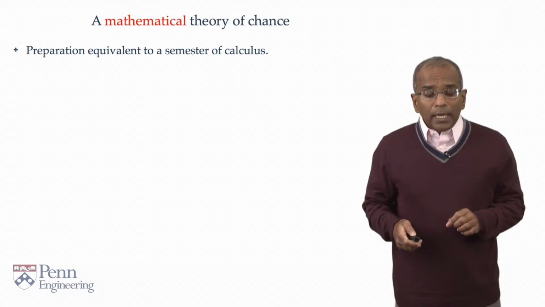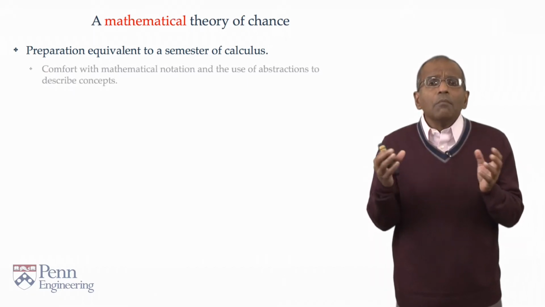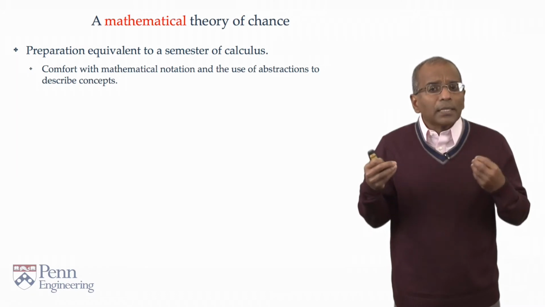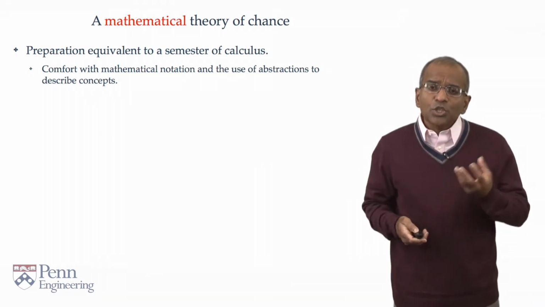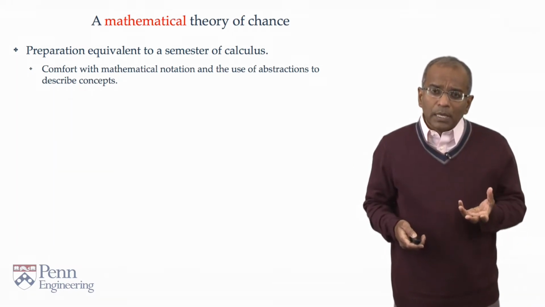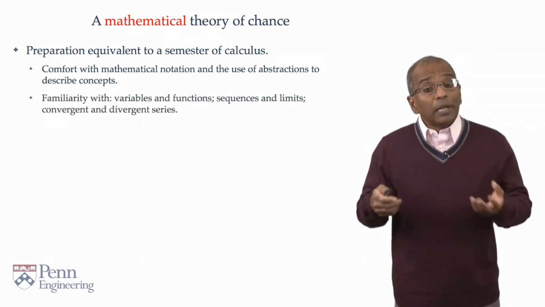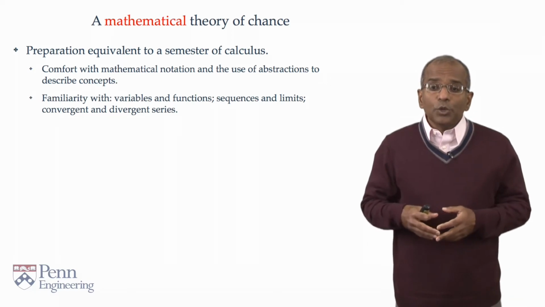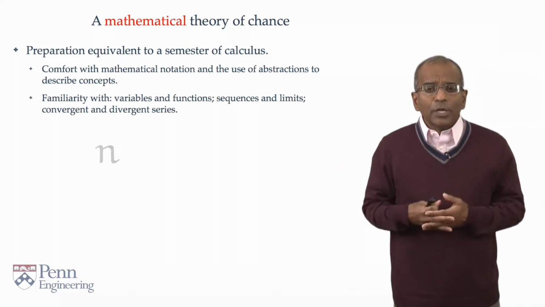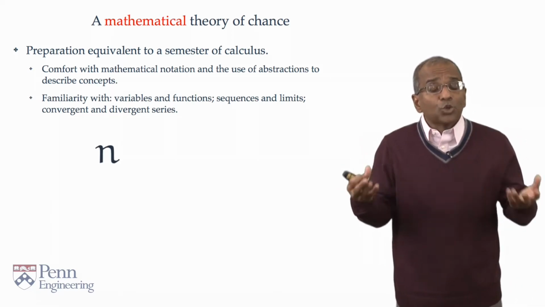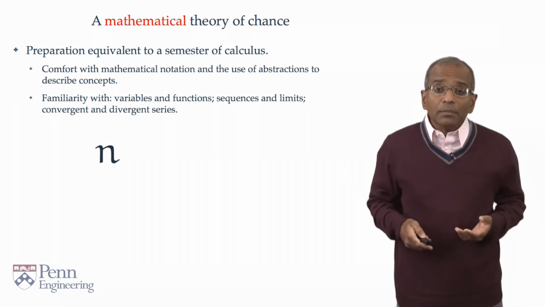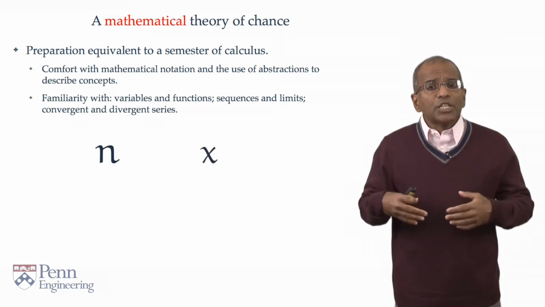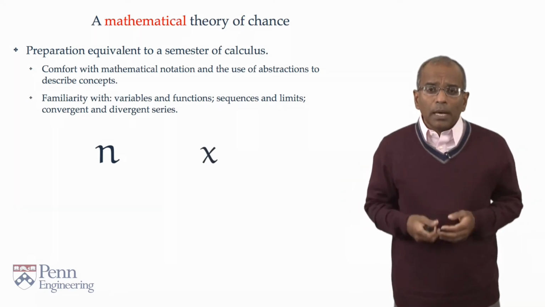More concretely, a student should need comfort with mathematical notation and mathematical abstractions to describe concepts. A student should be familiar with the ideas of variables, for example, using the ubiquitous n to represent a generic natural number or an integer, or the letter x to represent a generic real number.